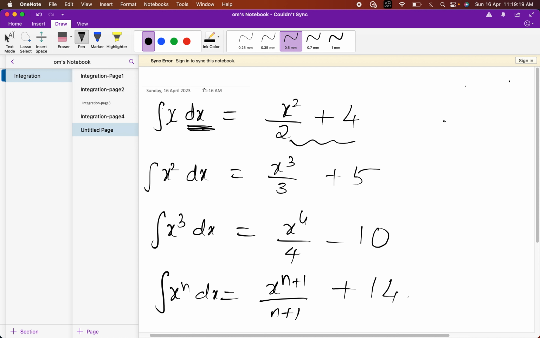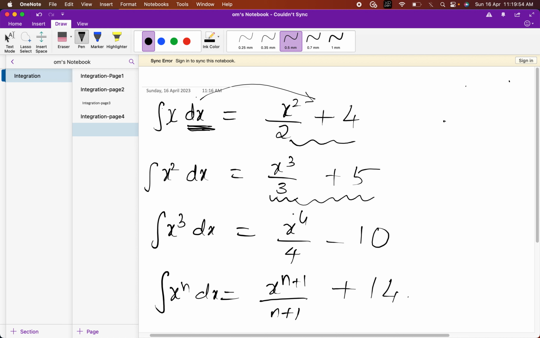So the integral of x can either be written as x square by 2 or x square by 2 plus 4, because when I take derivative, this 4 would vanish. Similarly, if I take derivative of x cube by 3, I'll get x square. Even if I take derivative of x cube by 3 plus 5, we'll still get x square, because derivative of constants is 0.